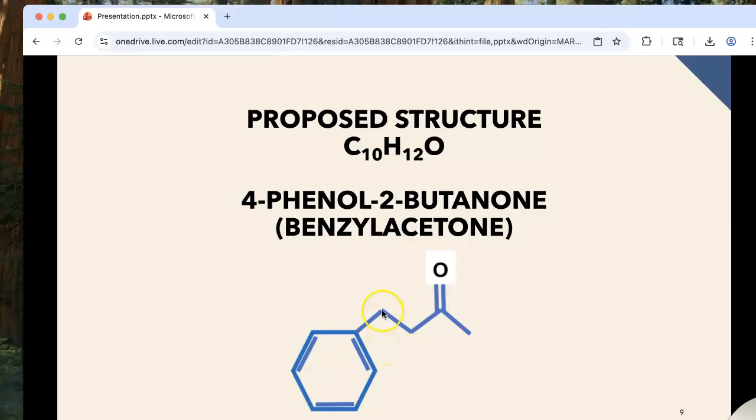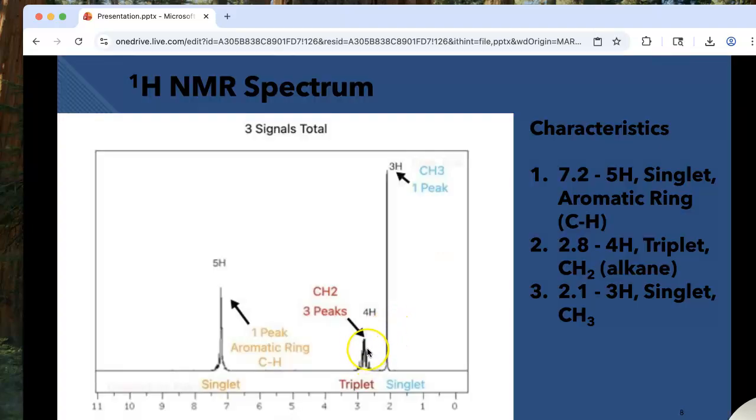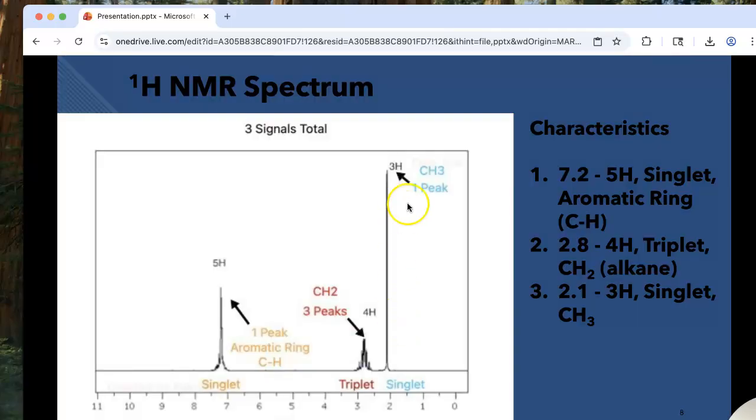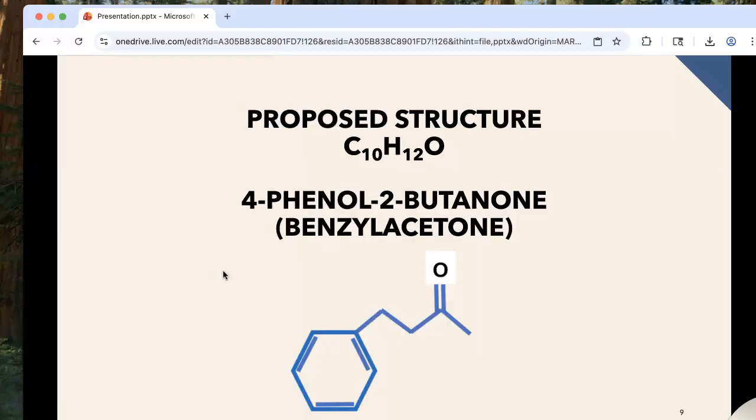And so those 2 neighboring carbons would give you a triplet right here at about 2.8 or so. And there are 2 of those, which give you that integration value of 4. I forgot to say that if you add the 3 hydrogens, 4 hydrogens, and 5 hydrogens together, it will give you approximately 12 hydrogens, which was in our spectrum.